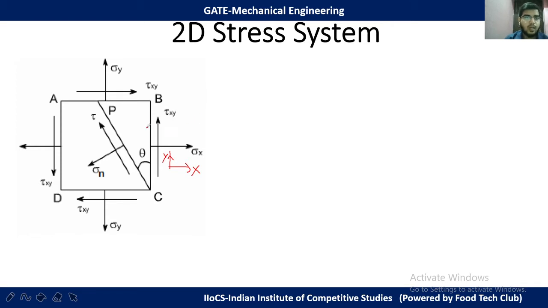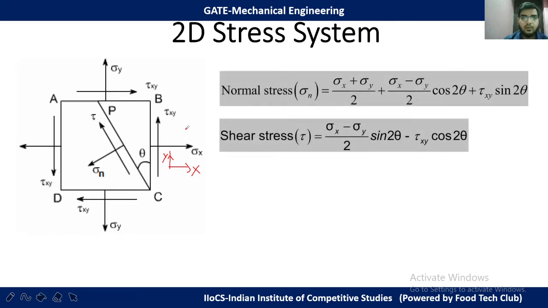So for this type of system, how can we determine the stress which we can consider as a critical stress for failure? For that, we use principal stress and maximum shear stress for this type of system.